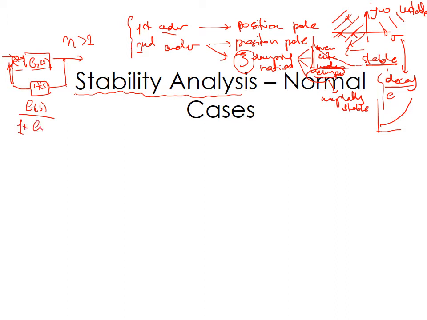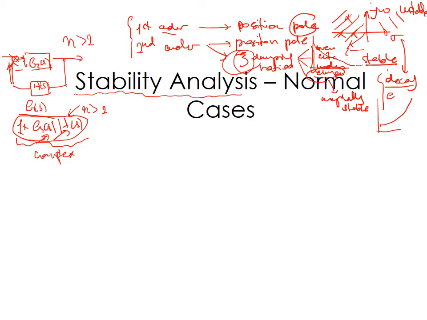If you simplify this, it becomes G(s) over 1 plus G(s)H(s), and depending on H(s) and G(s), we know that the denominator now will have an order larger than 2, right? So this particular denominator can be pretty complex.